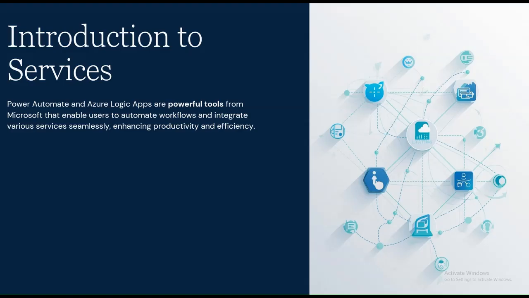Both services support over 300 connectors and both provide a visual designer that allows you to create workflows without writing much code. The goal of both tools is very simple: automate repetitive tasks and integrate systems quickly so you can focus on work. Now let's look at each one separately.